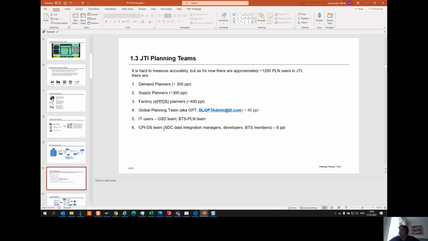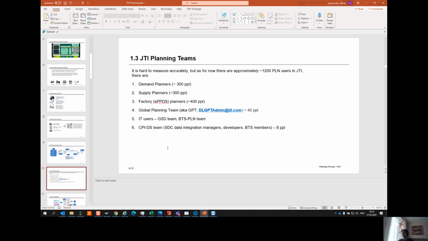So moving to the next point, I would like to stress the planning teams we have in JTI. It is really hard to measure accurately because, as far as I noticed, our company expands constantly, and during the last year, a lot of new planners have entered the JTI structure.